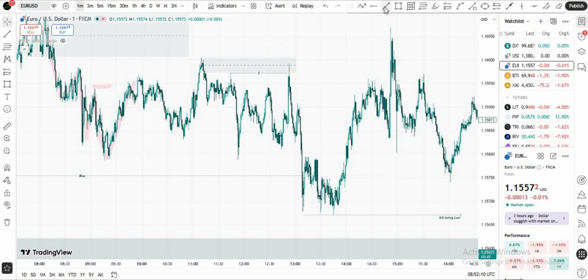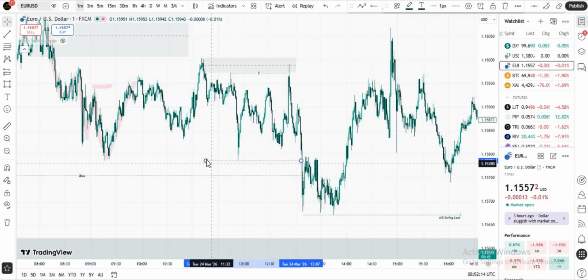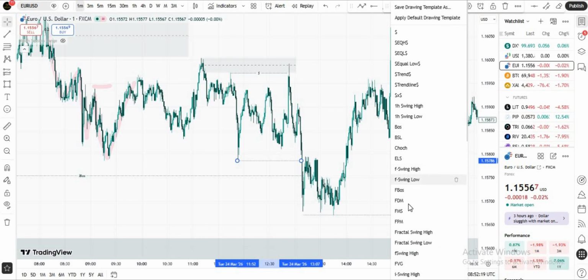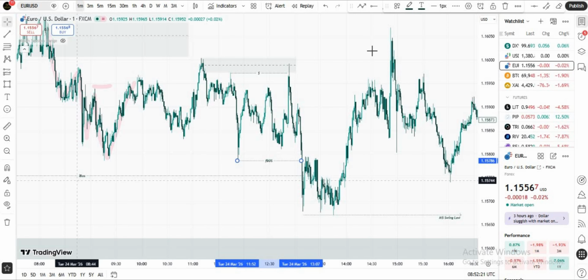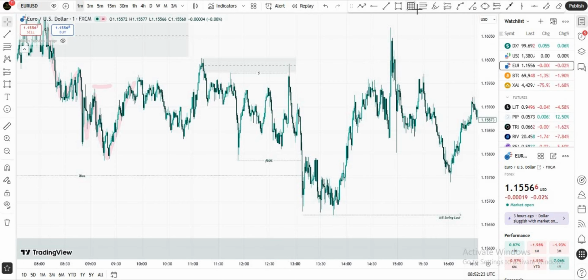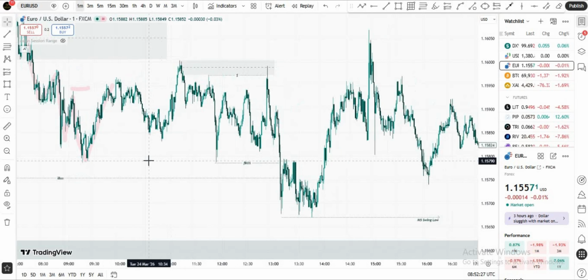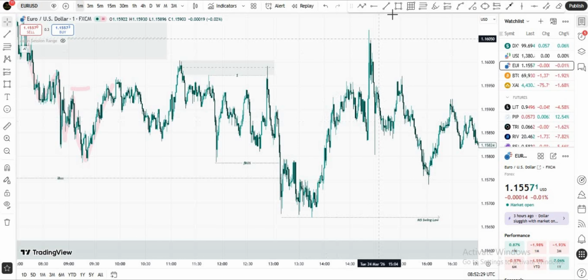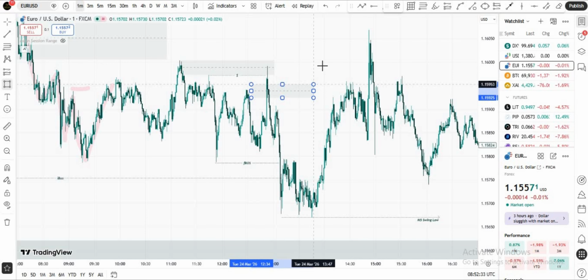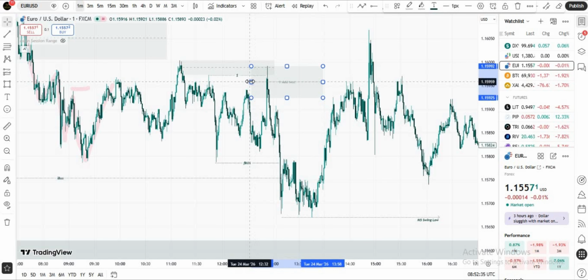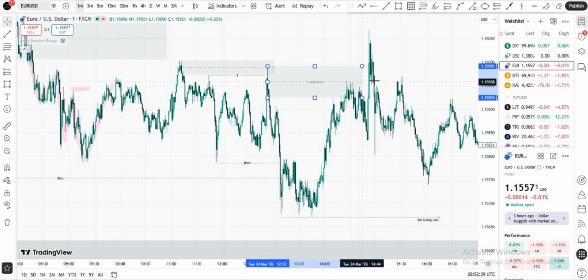After that price comes down, breaks this low, gives us a fractal low, and not just this low, price also comes down and breaks the internal low, which is the 5 minute low.